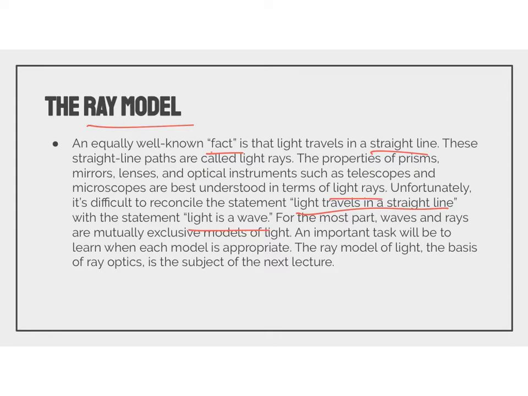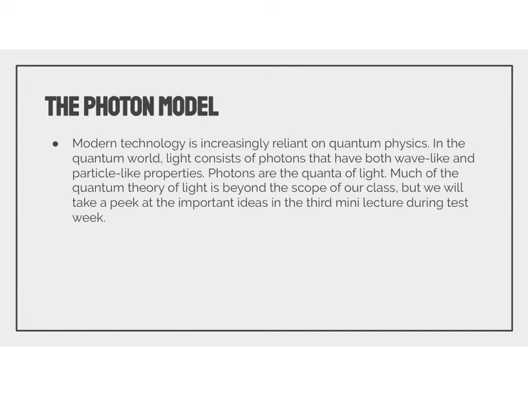So we'll look at a principle that ties them together. For the most part, waves and rays are exclusive in their own areas, so an important task will be to see when each model is appropriate. The ray model of light helps us with ray optics, and that'll be the next lecture next week.